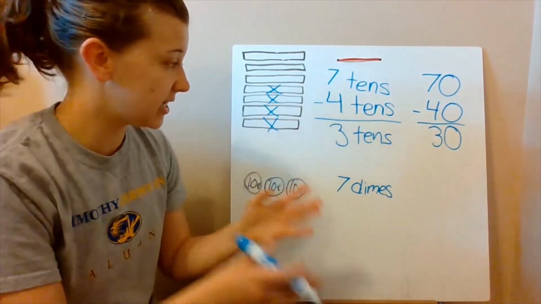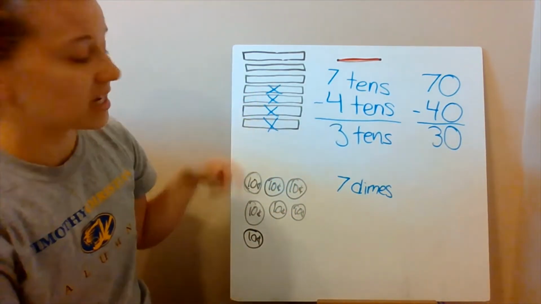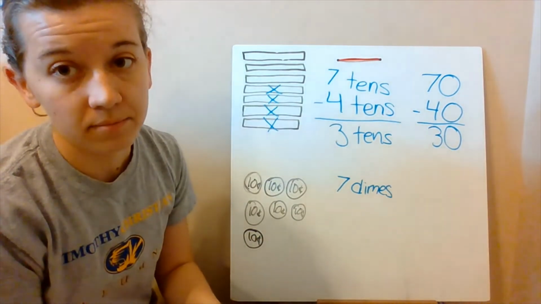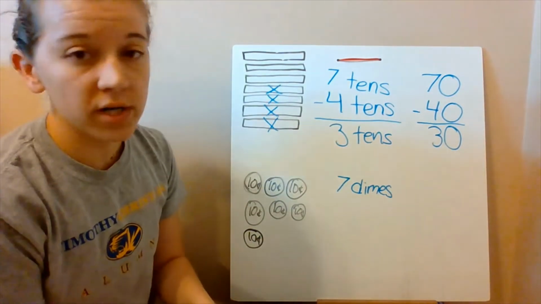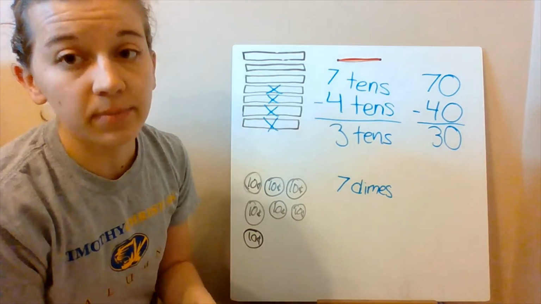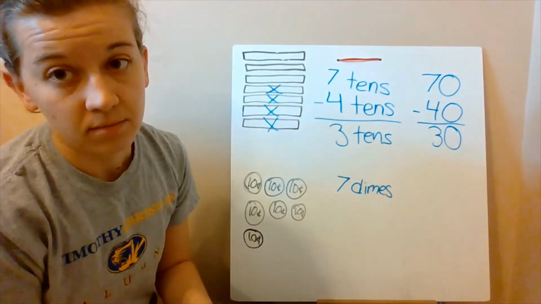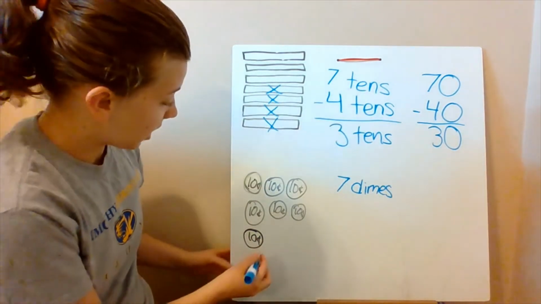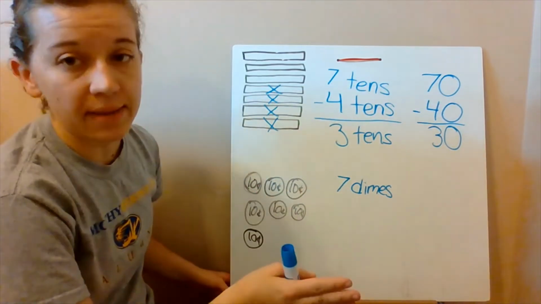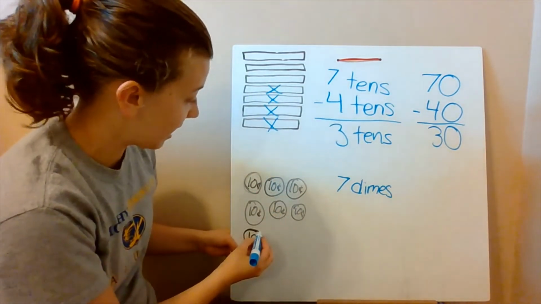Okay, so every set of 10 hats is equal to a dime. And she bought 4 tens, so that means that she had to spend 4 dimes on the hats.